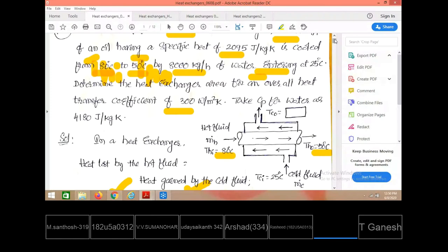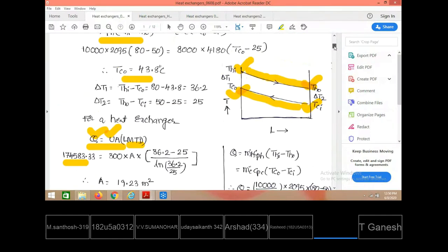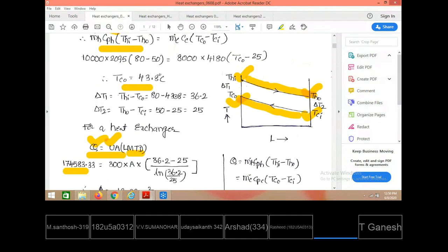They are asking you to calculate the area of the heat exchanger. Before that, LMTD must also be known. How do you calculate LMTD for the counterflow heat exchanger? That is delta T1 minus delta T2 divided by ln of delta T1 by delta T2. What is delta T1? The gap between hot and cold fluid, Thi minus Tc naught at the inlet section, and Th naught minus Tci at the outlet section.